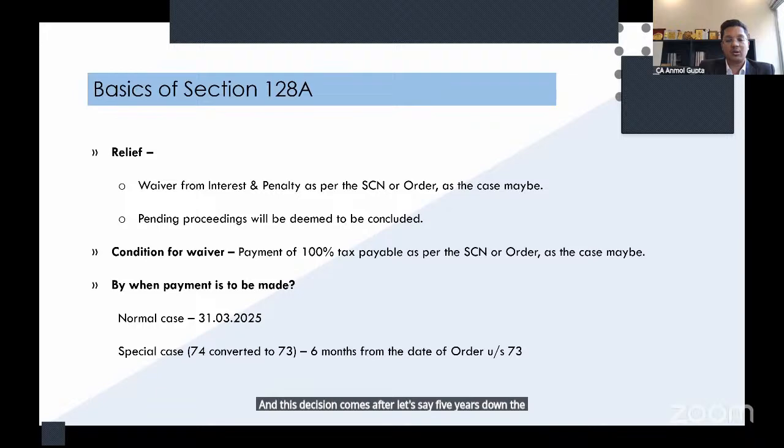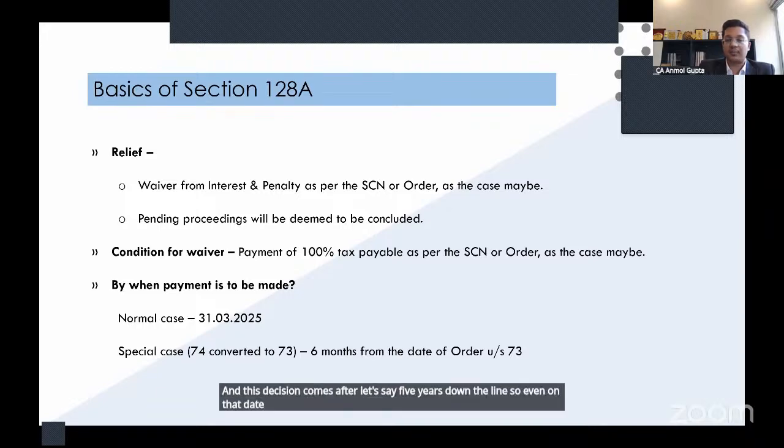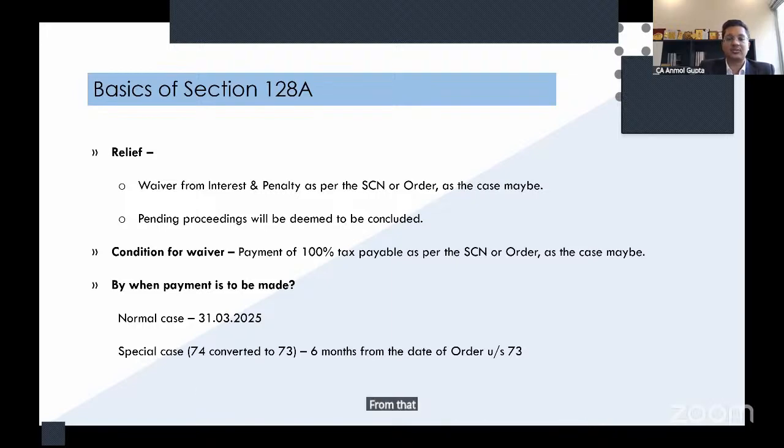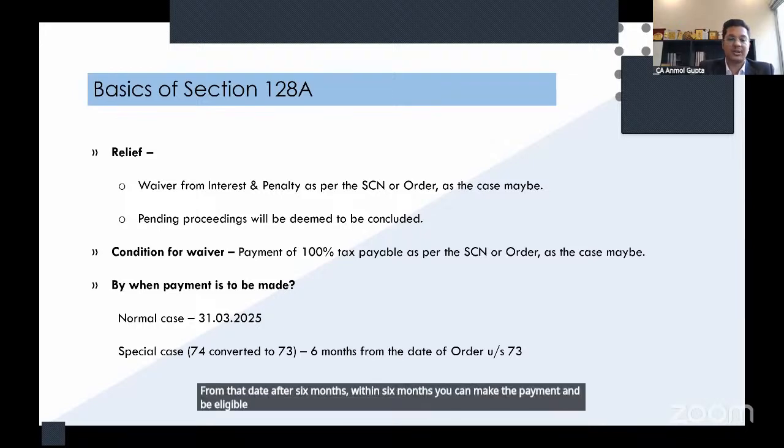So from the date when this decision has come and the reassessed demand has been made under section 73, within 6 months you can make the payment and be eligible for availing the benefit under section 128A.